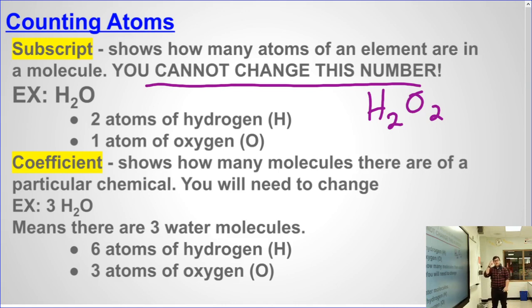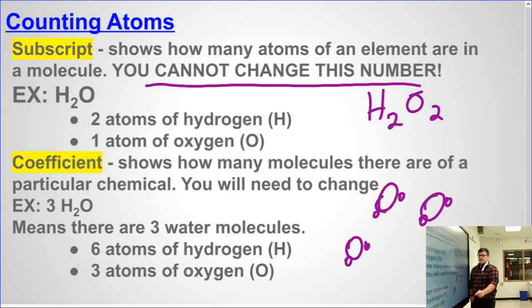However, what can we change? We can change the coefficients. Those are the numbers out front, and those tell you how many of that molecule you have. So if I were to draw this out, I got 1 water molecule, 2 water molecules, 3 water molecules.